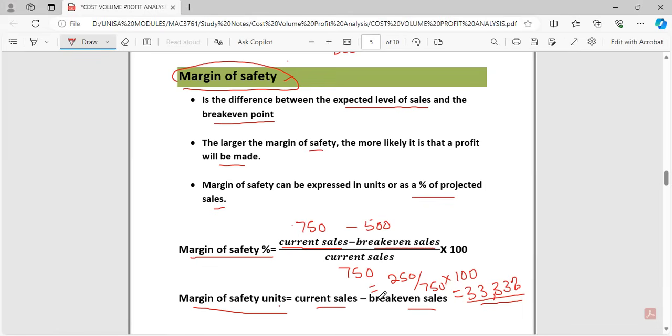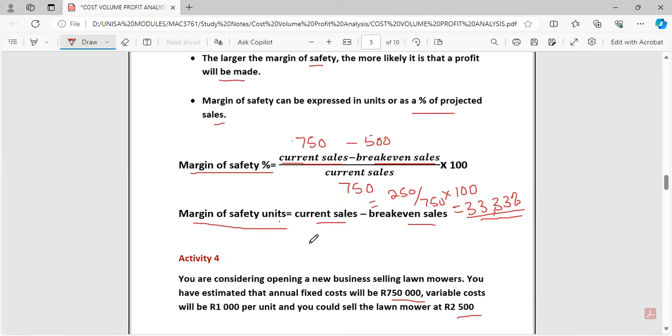So those are the jobs of the management accountant in a business, to advise management on how the business can be profitable, right?